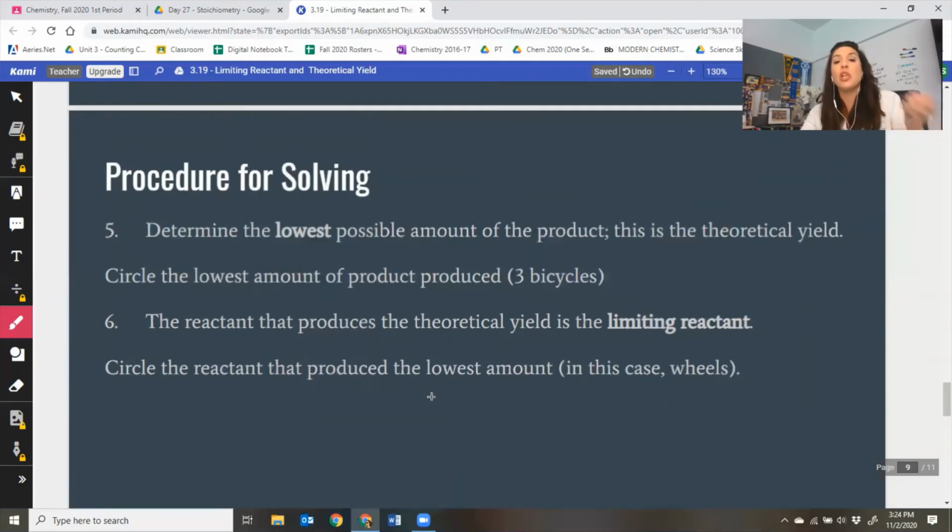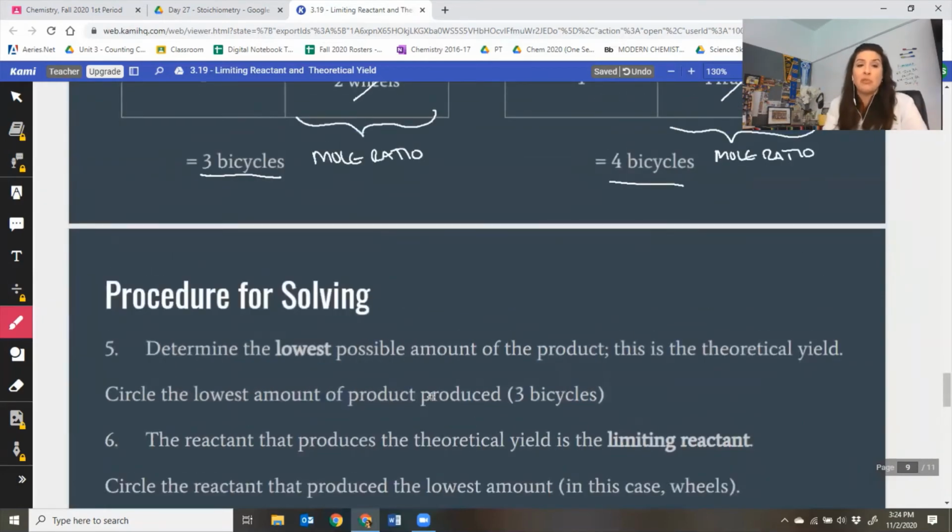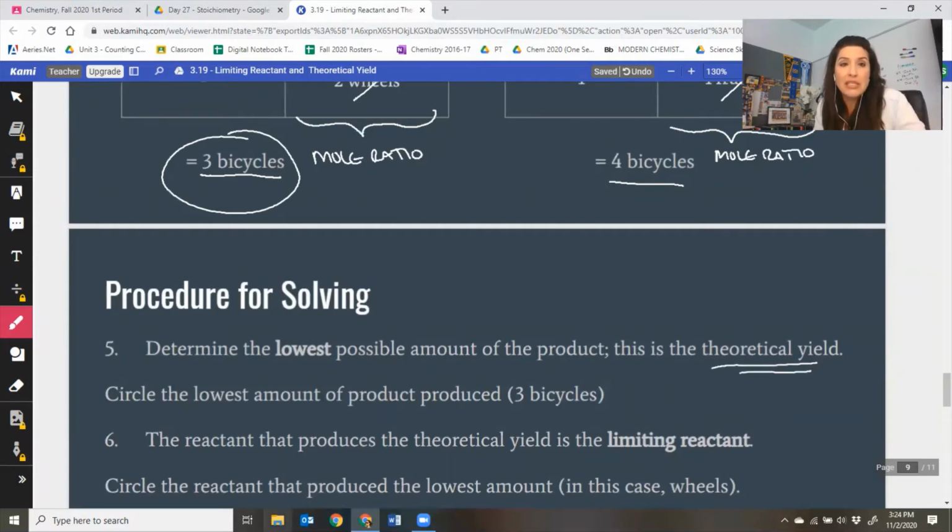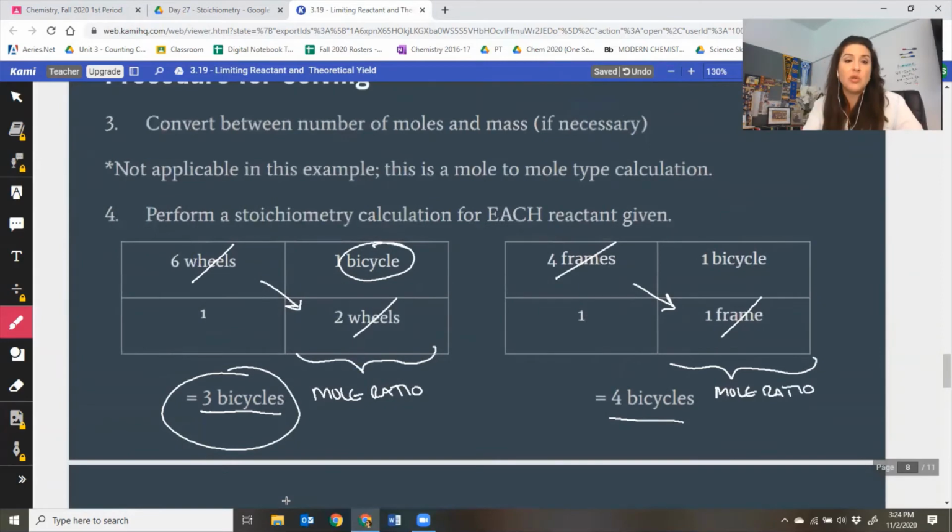So you determine the lowest possible amount of the product, and that is our theoretical yield, 3 bicycles, and you circle it. And then you look back to the reactant that gave you that smallest value. So this corresponds to the reactant I started with, wheels.